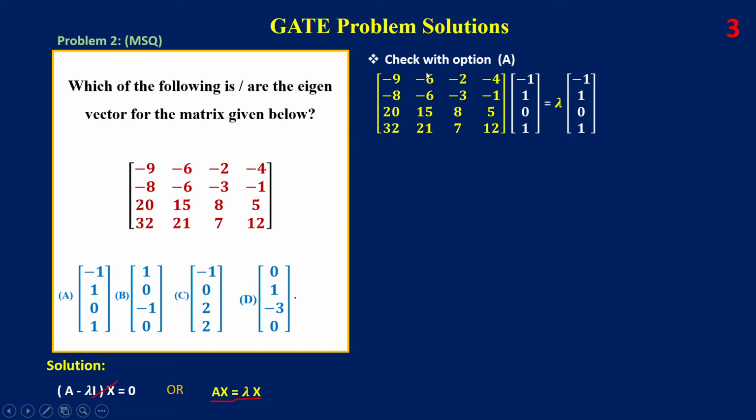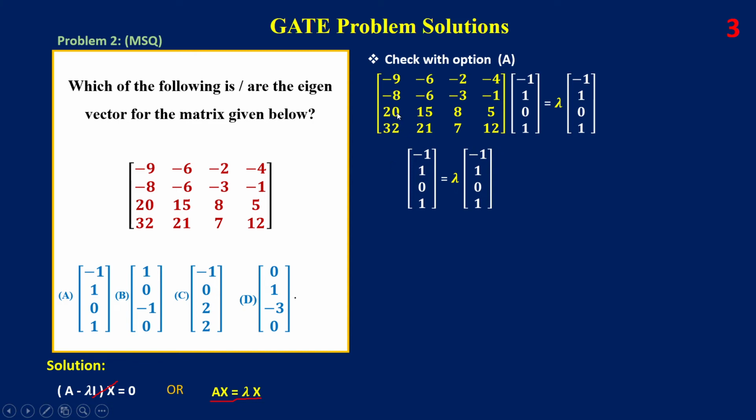Minus 9 into minus 1, 9, minus 6, 3, 3. Here minus 2 into 0 can be discarded, and minus 4, minus 1 will be there. And here minus 8 into minus 1 becomes 8. 8 minus 6 is 2, and 2 minus 2 is 0. 2 minus 1 is 1.